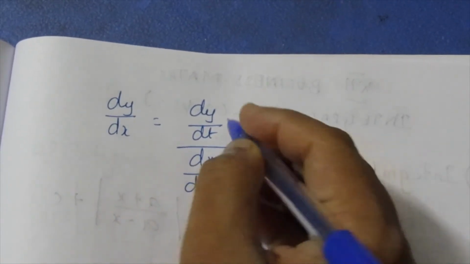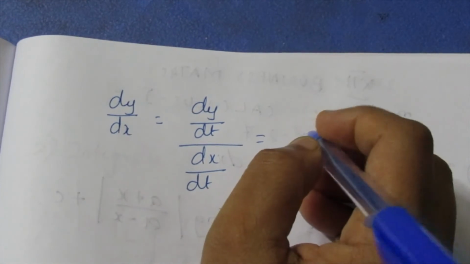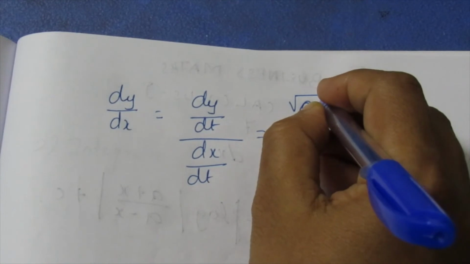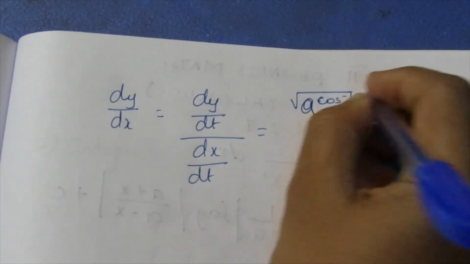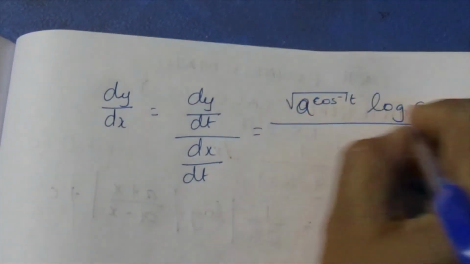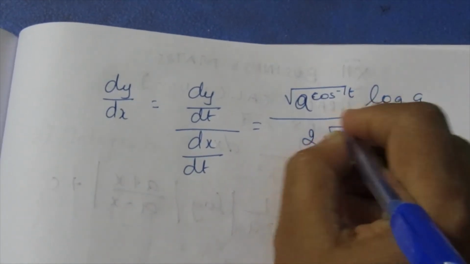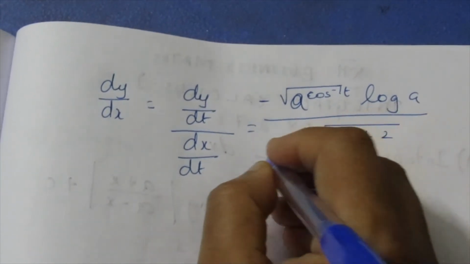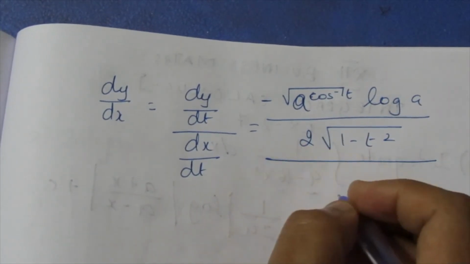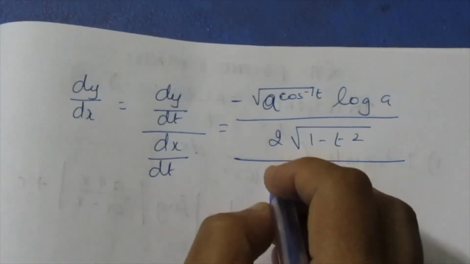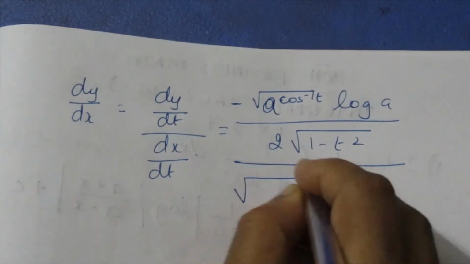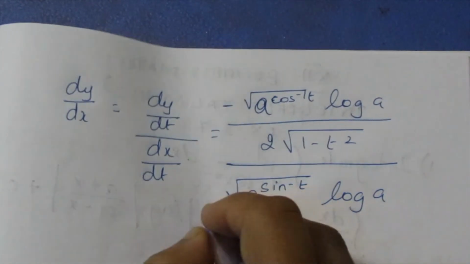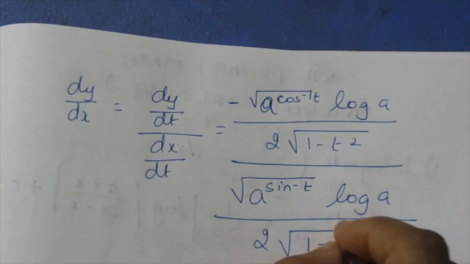So here dt gets cancelled, so dy by dx is root of a power cos inverse t log a by 2 root of 1 minus t square, with a minus sign, divided by, for dx by dt we have root of a power sin inverse t log a by 2 root of 1 minus t square.